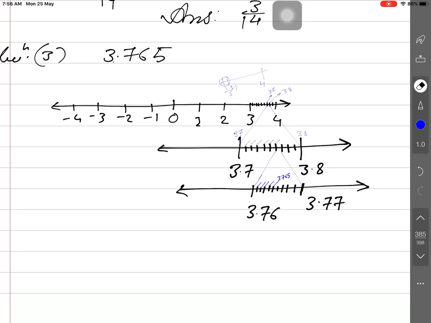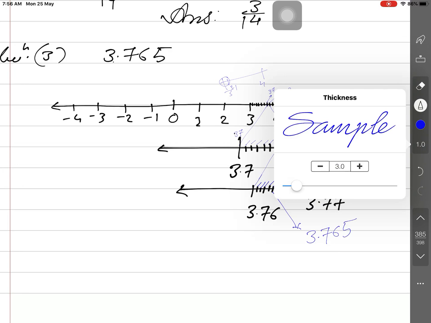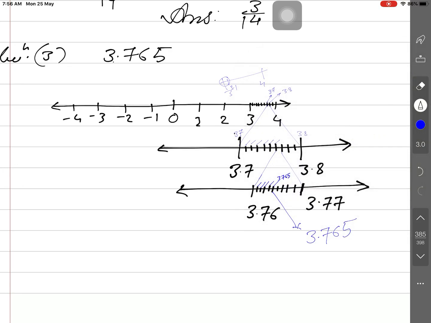I'm highlighting this, so you write down this: this is 3.765, you need to highlight it. Is that clear? This is successive magnification. So you have represented 3.765 on the number line. This is simply the method you have done. Right now, remember it please.